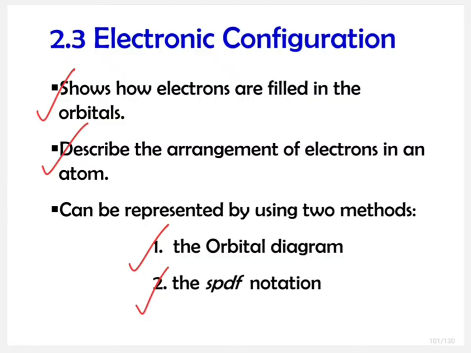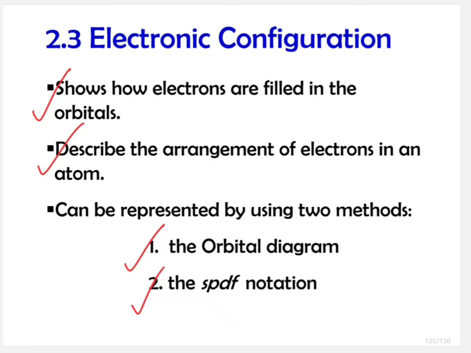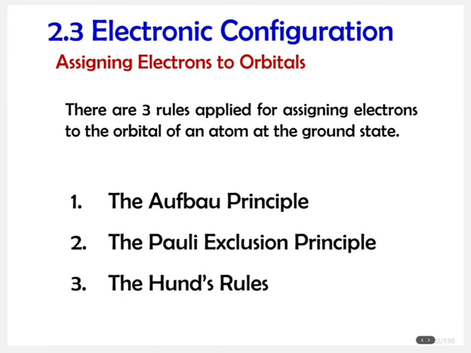Walaupun learning outcome only highlight the spdf notation, I will explain also the orbital diagram. Untuk kita assign electrons ke dalam orbitals, kita tidak boleh suka-suka hati je letak elektron tu dalam orbital. So we have to follow these three rules in assigning electrons into the orbital.